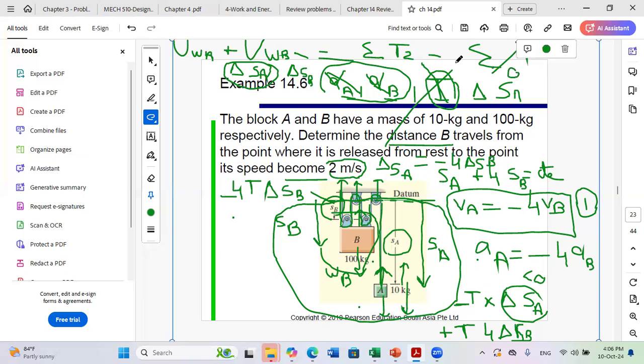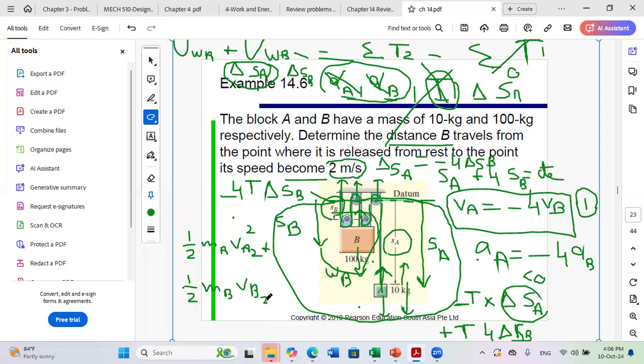And what is summation T2? Summation T2 is half the mass of A times the velocity of A at state 2 squared, plus half MB times VB2 squared.